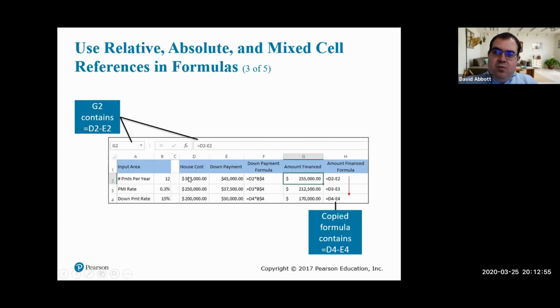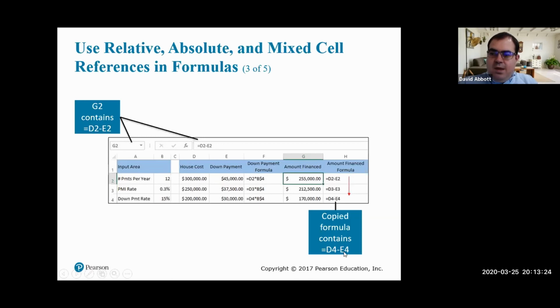And so the down payment would be D2 times the down payment amount. So that's how you figure out how this is calculated. So you're putting down 15%, so you always want it to refer to that. So in order to do that, you would set it like so.